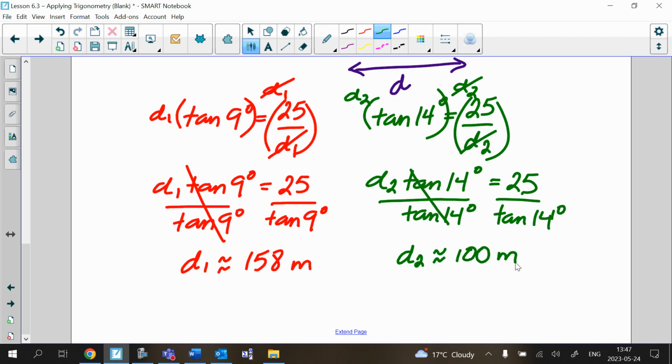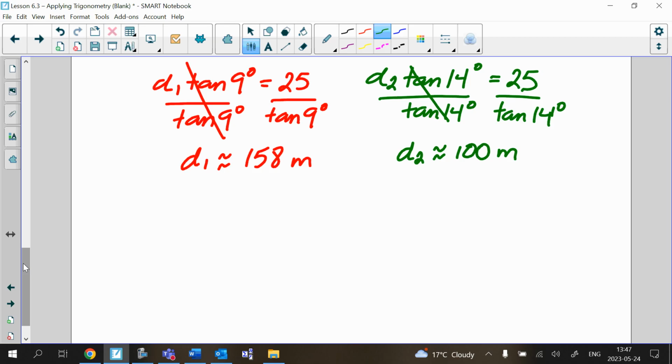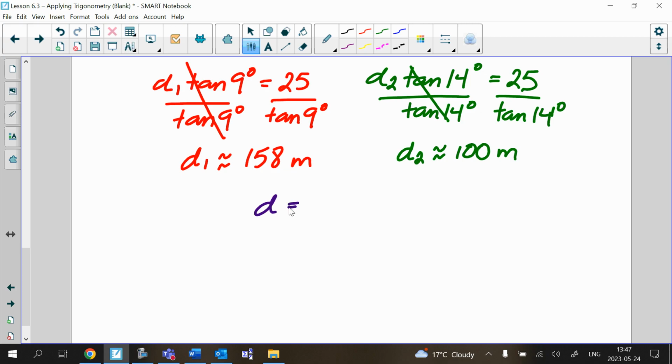So, how fast did the boat travel in that 1 minute? Well, we just have to subtract. So to find the distance, it's 158 minus 100. Which means it went 58 meters in 1 minute. Or that's its speed, 58 meters per minute. Just make sure that's right. Yep.